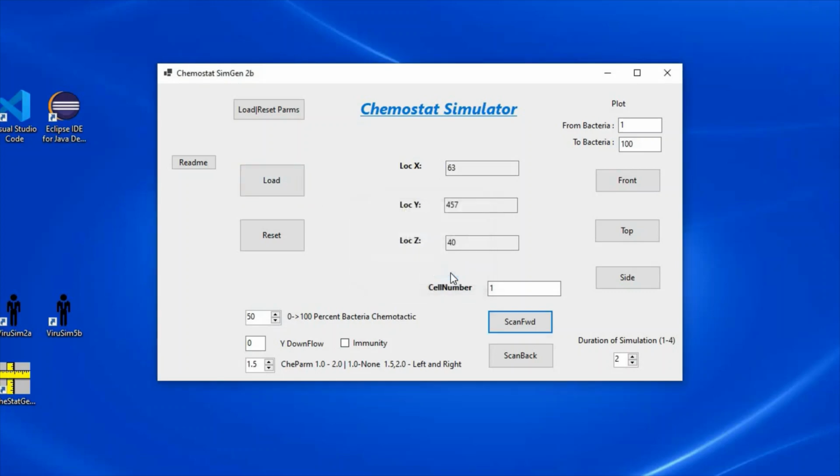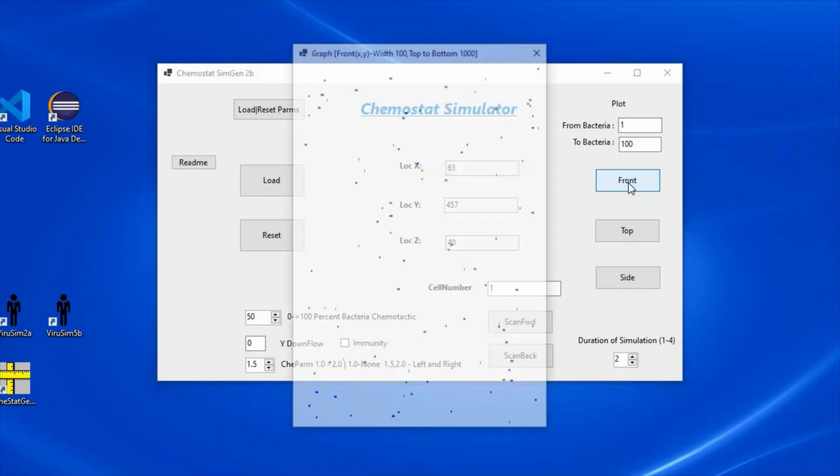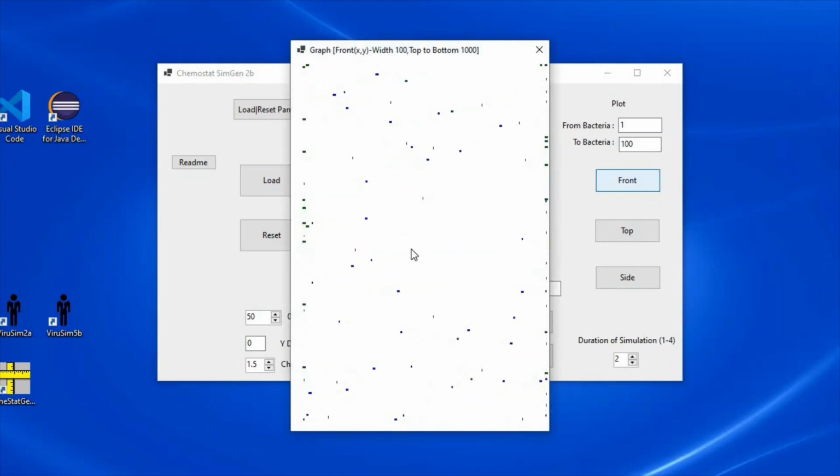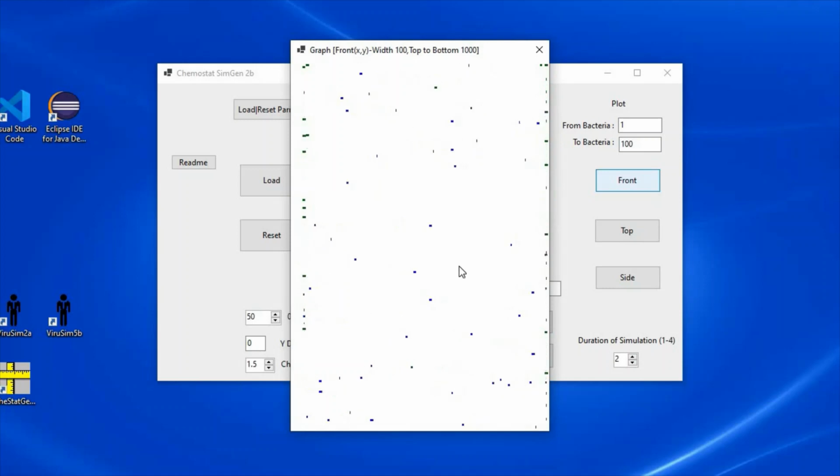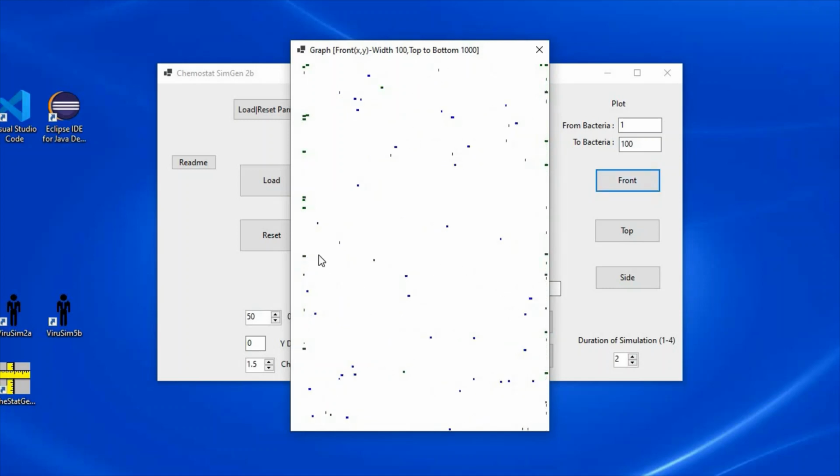And you can do this in several different ways. Let's go front. And there you see blue and green ones, and only half of them are chemotactic, and you see not as many are pulled towards the wall of the chemostat. To close it, you shouldn't try to close it while it's running.